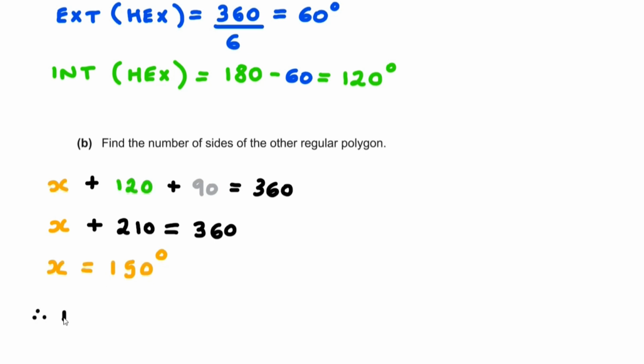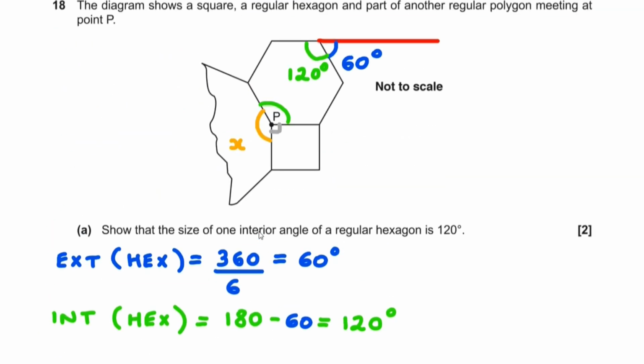So the number of sides we can determine as follows. We know what the interior angle is. We can find the exterior angle, which is this.